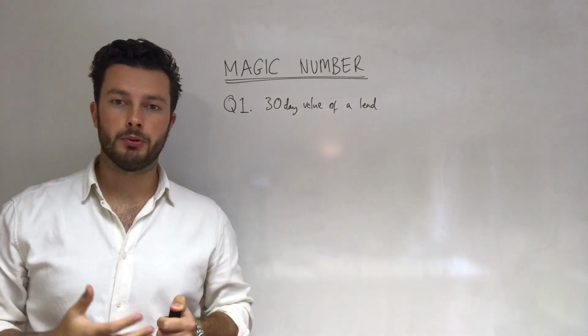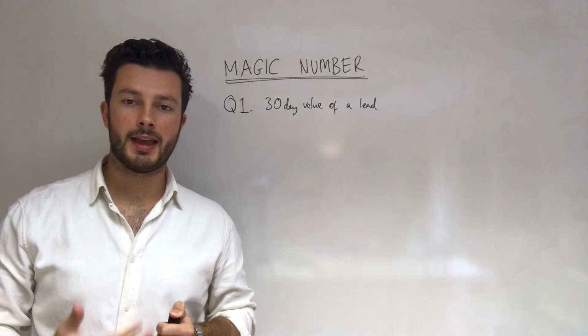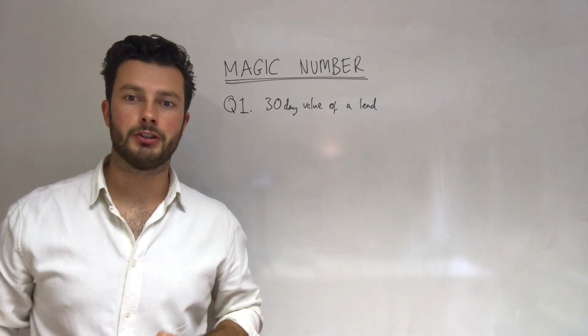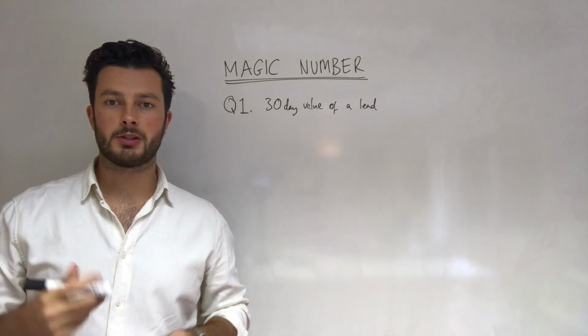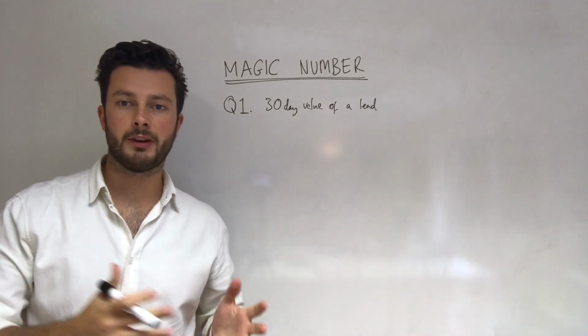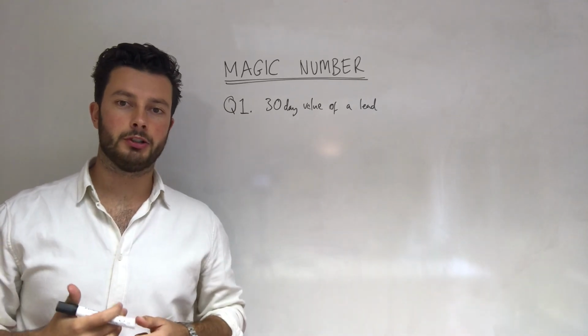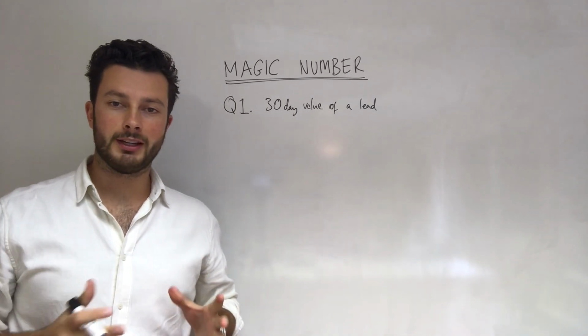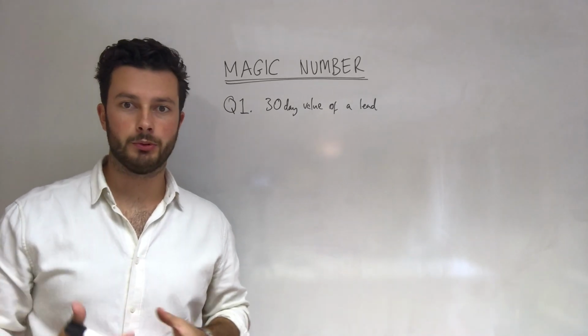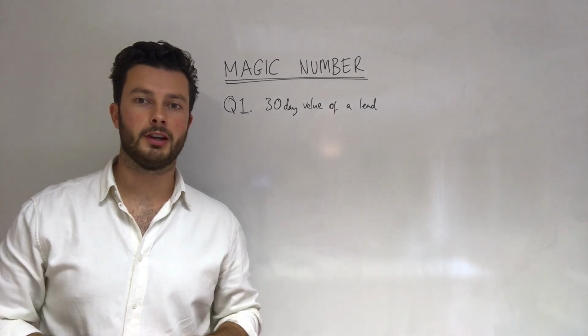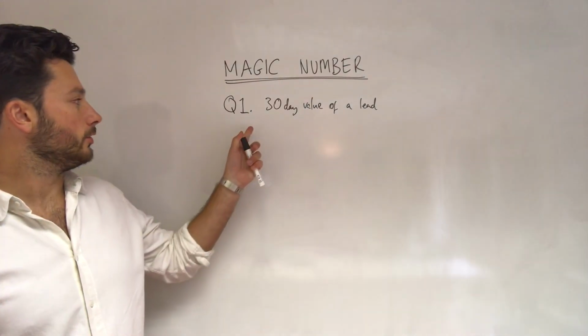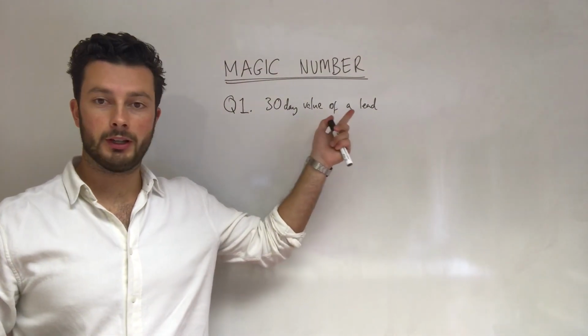In this example, let's use a lead generation campaign as an example. That's what I do generally for myself and for my clients as well. So let's stick with the lead generation example for the purpose of this video. What is your 30-day value of a lead?